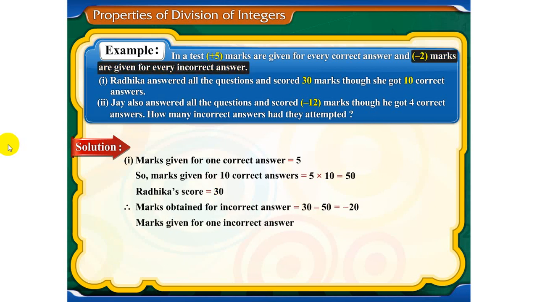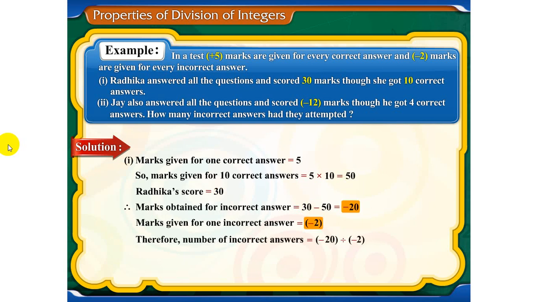Marks given for 1 incorrect answer equals minus 2. Therefore, the number of incorrect answers equals minus 20 divided by minus 2, which equals 10. Thus, Radhika gave 10 incorrect answers.